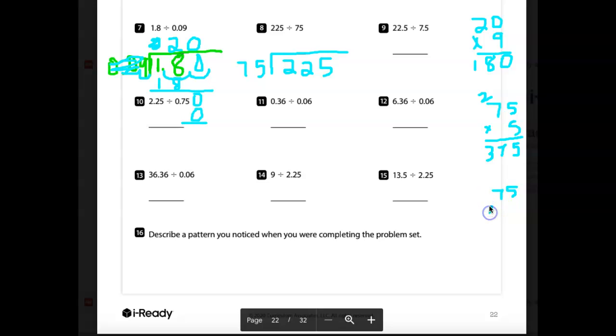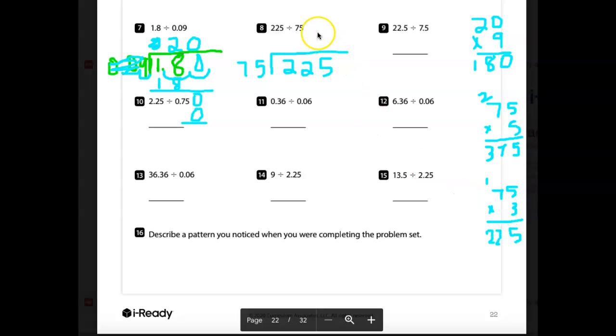Let's try 3. Okay. 3 times 5 is 15. Carry our 1. 3 times 7 is 21, plus 2 is 23, so 225. Okay. So you can see that on these big numbers, you will have to do some multiplication of guessing and checking, but that's okay.